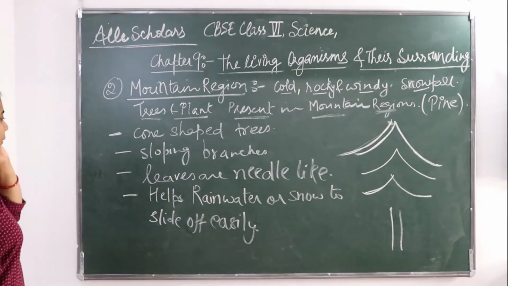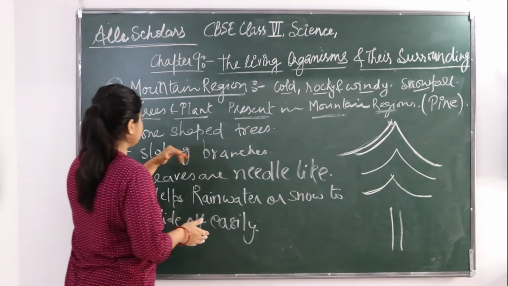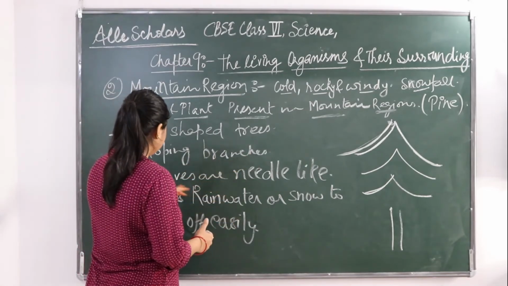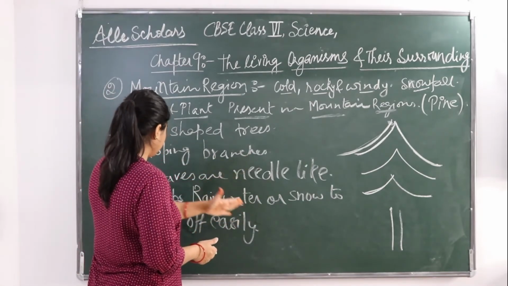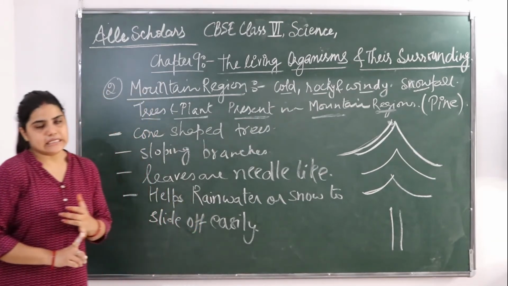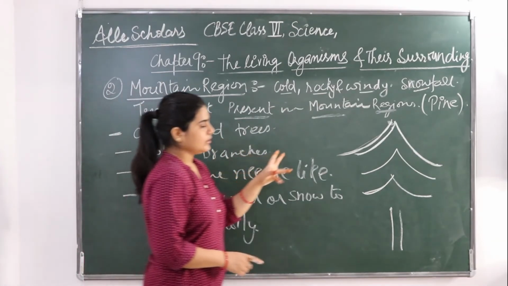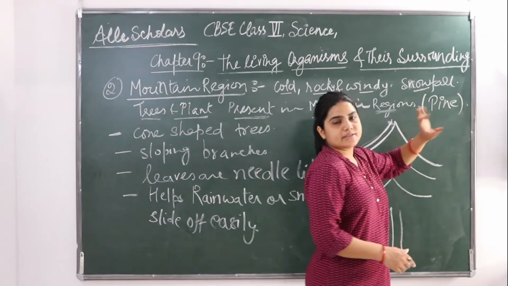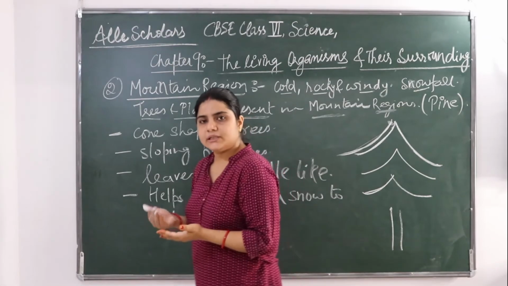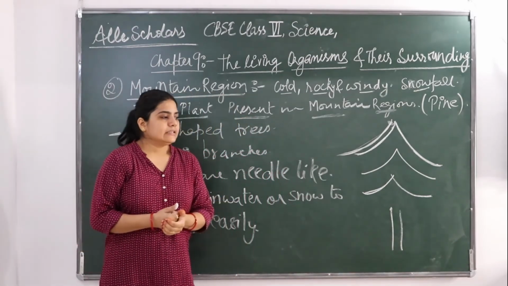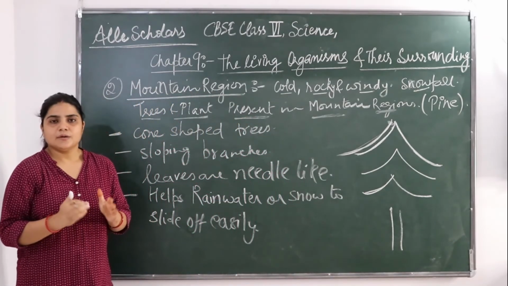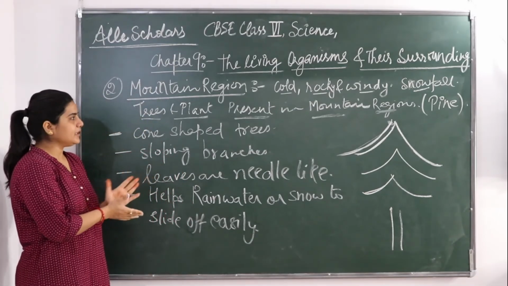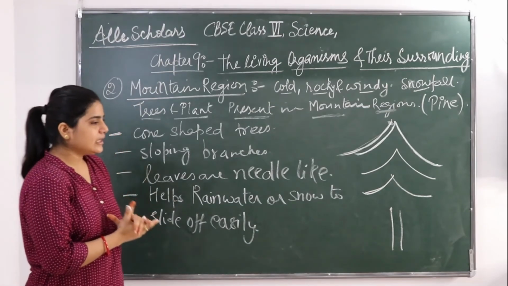Okay, so we have seen how these trees are cone shaped, sloping branches, leaves are needle-like, helps rainwater or snow to slide off easily. The best example for the plants present at the mountain region are pine plants, but there are some other plants also that are different from these shapes, but they follow a different adaptation and they adapt in the mountain region.